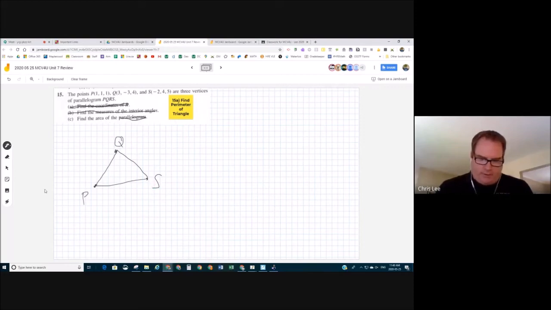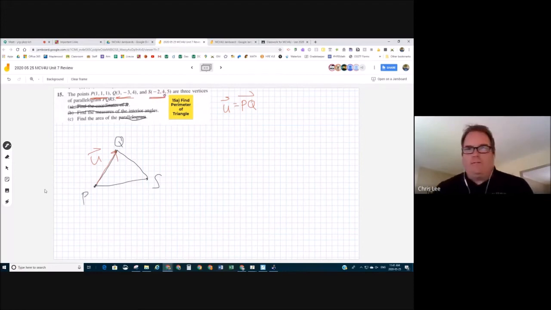Okay, so let's just call this vector u. So over here, I'm going to say vector u is actually the same as calling it PQ. Okay? How do I find the actual vector PQ? Because you'll notice that I'm not given any vectors in this question. I'm only given coordinates.